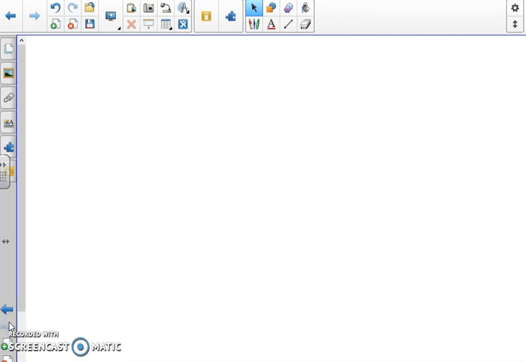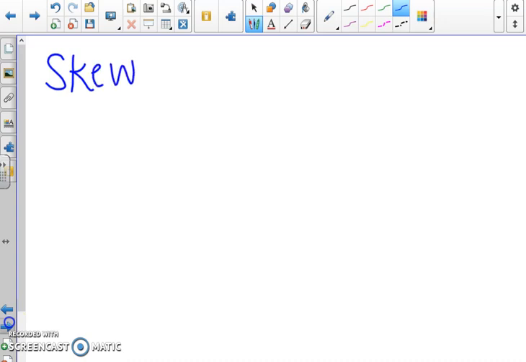So another type of lines that we have are skew lines. Skew is a word that we haven't really used so far this year. So parallel lines are coplanar lines that do not intersect.